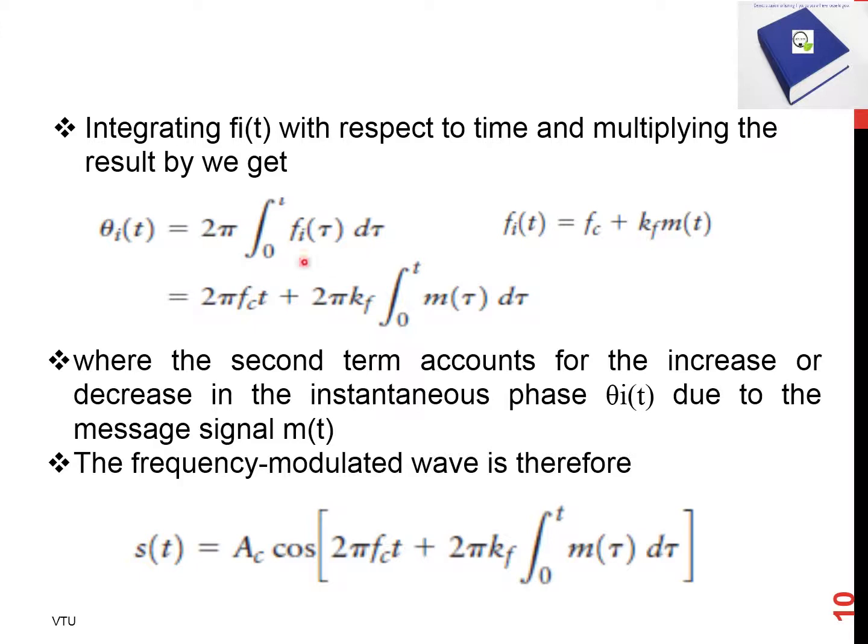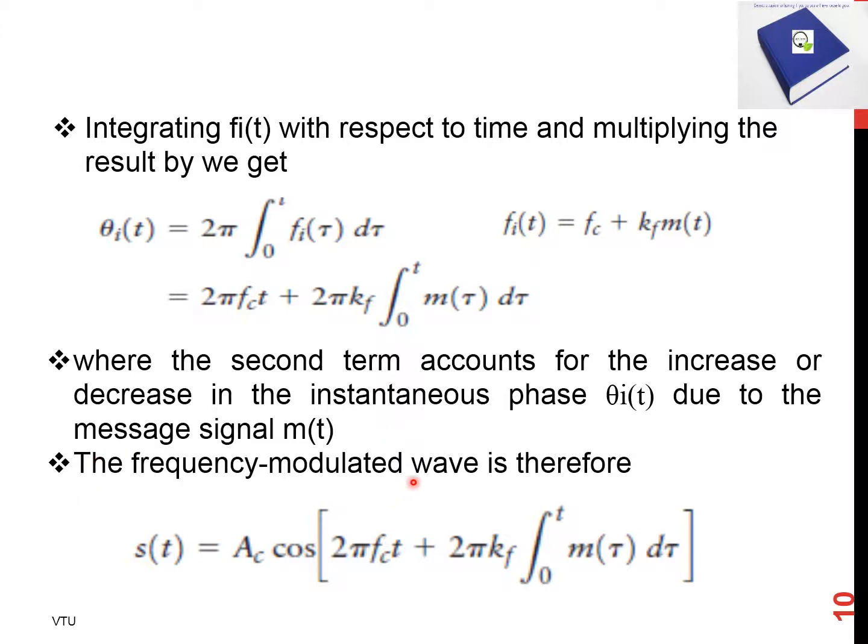Here kf is there, 2 pi is common, so I can take it outside, and remaining is m of tau d tau. The second term accounts for the increase or decrease in the instantaneous phase theta i of t due to the message signal m of t.